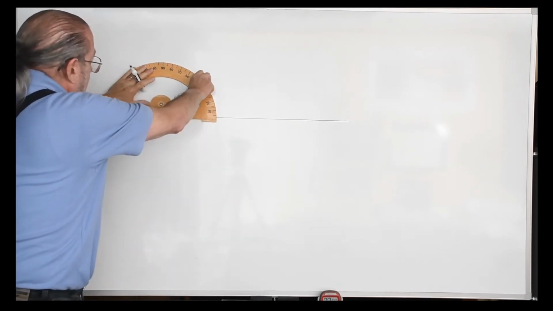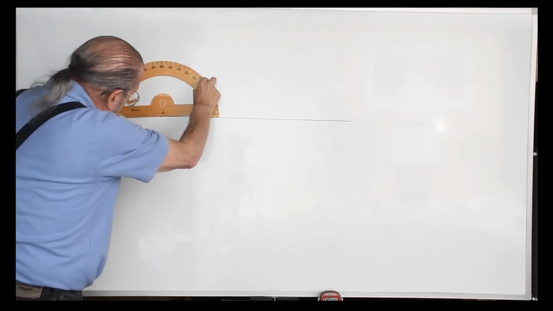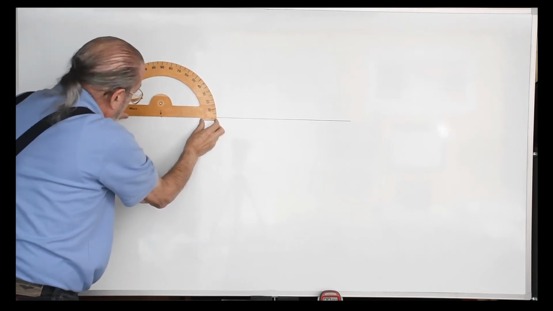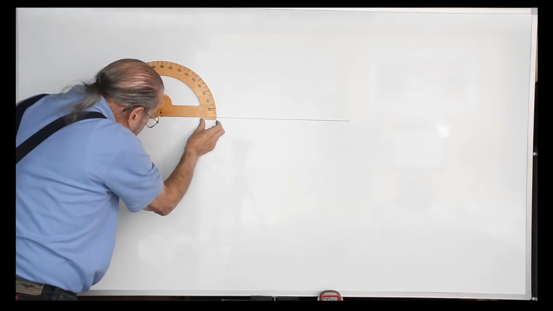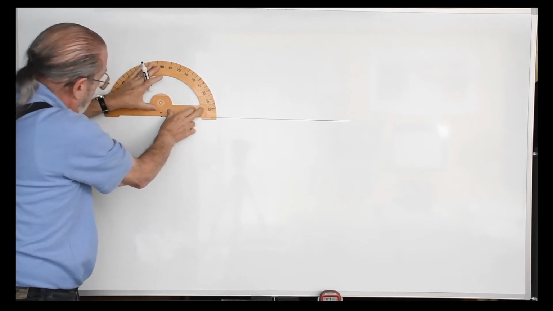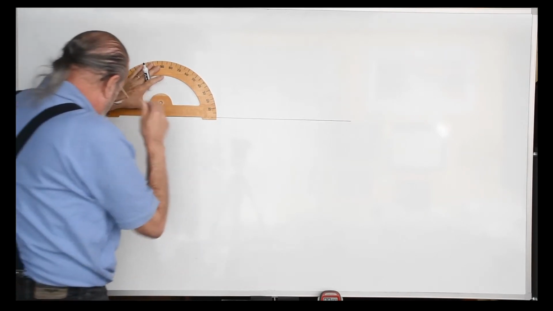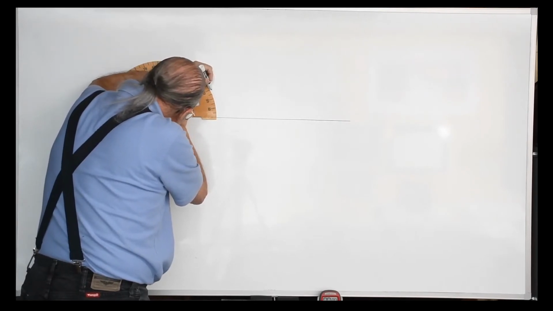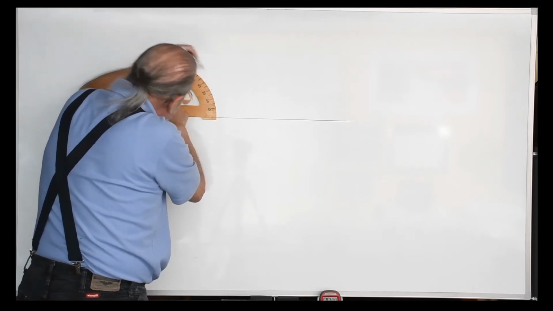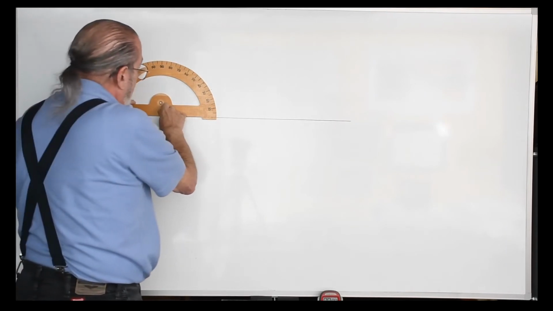If the protractor is rotated improperly, this 0 mark will not cross the baseline. And you also must be sure that it's not too far to the left or right so that the two vertices exactly match up. Now we want to draw a 30-degree angle, so we now take a very sharp pencil or pen and we make a tiny little dot right at the 30-degree mark on the protractor.